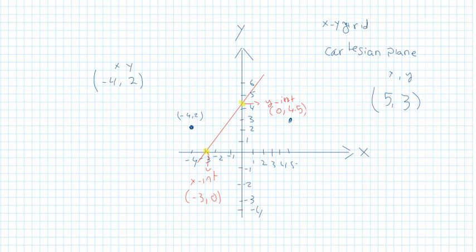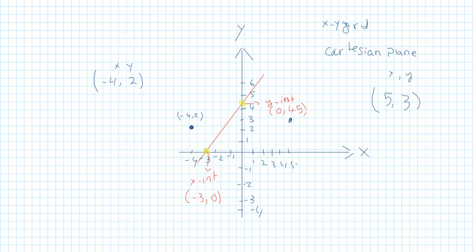So if I'm going to find the x-intercept, always, no matter where it is, y is going to be 0. And if I'm going to find the y-intercept, no matter where I'm intercepting the y-axis, the x value is going to be 0. Okay? So I need to know this information.